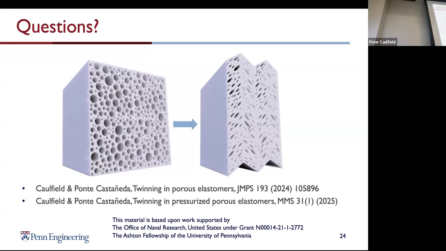Is there a connection? Well, if you look at a periodic system, loss of ellipticity would be an upper bound on the point where you could have this type of instability. But in general, for a periodic system, you could have an instability that occurs before that, which would correspond to this pattern transformation.